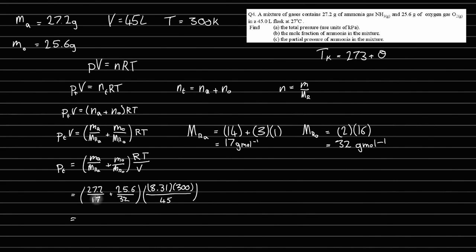And if you were to do that on a calculator, you get a value of 133 kilopascals. Well, I'll explain the kilopascals in a sec. That has been quoted to 3 significant figures.